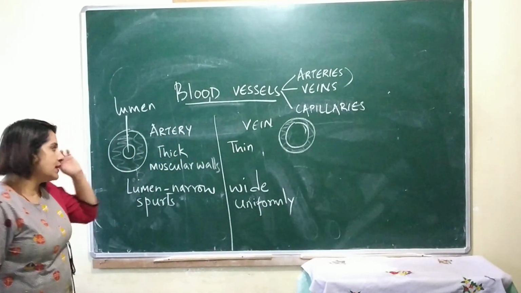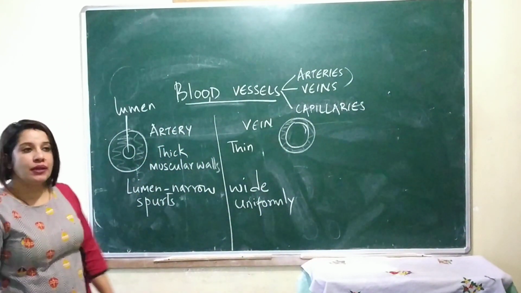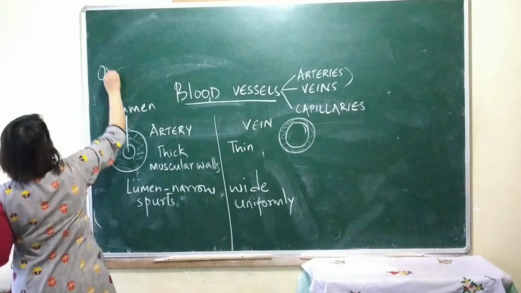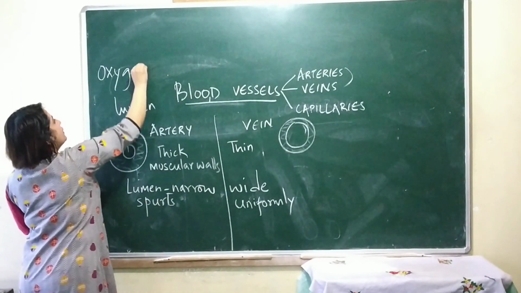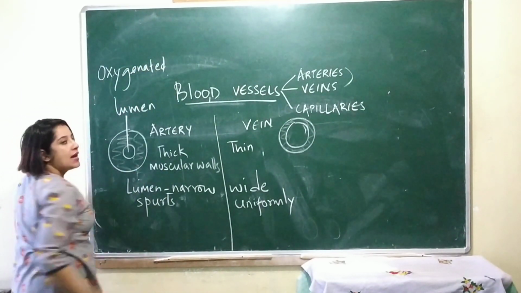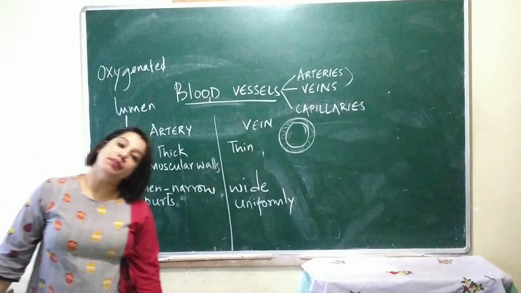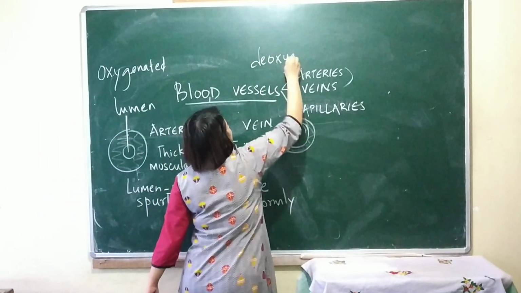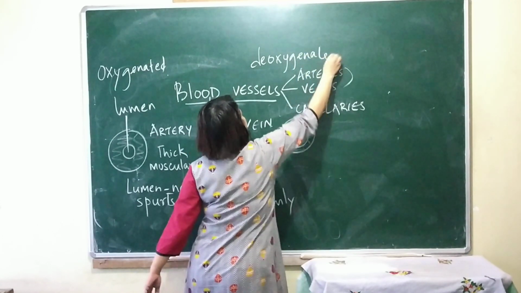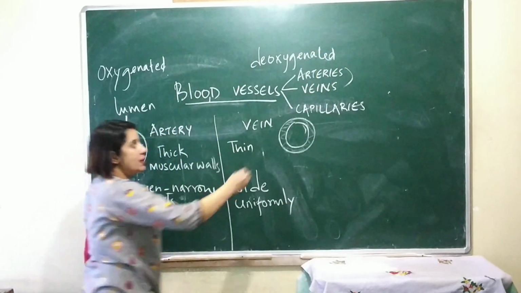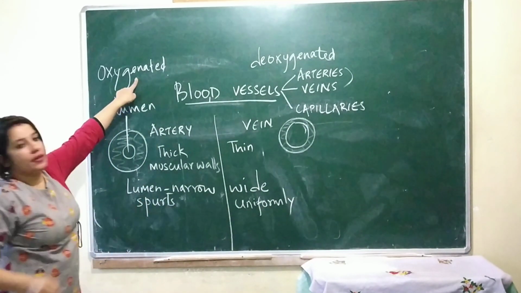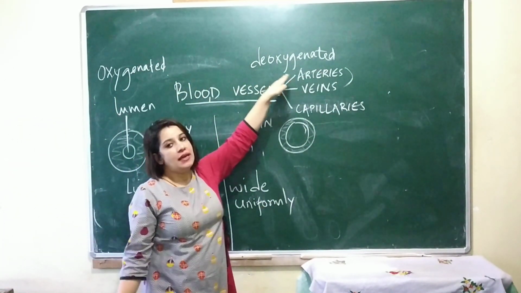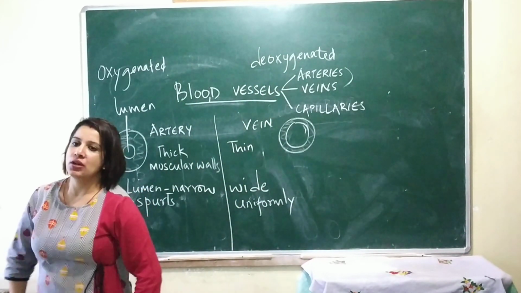Okay, next. Now, if blood contains oxygen, we call it oxygenated blood. And if blood contains carbon dioxide, we call it deoxygenated blood. So blood which contains oxygen is oxygenated blood, and blood which contains carbon dioxide is deoxygenated blood.